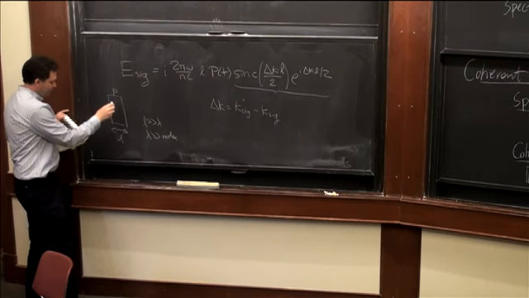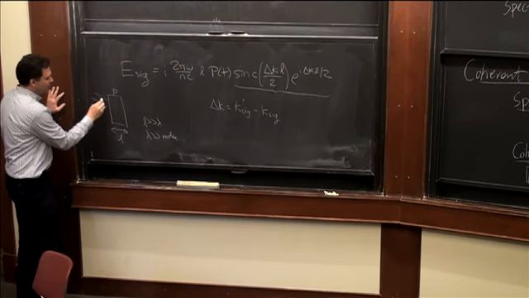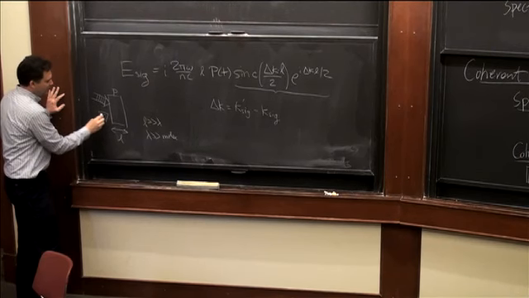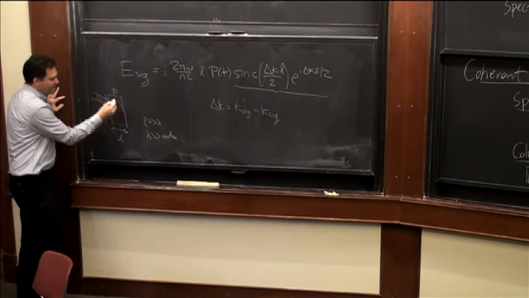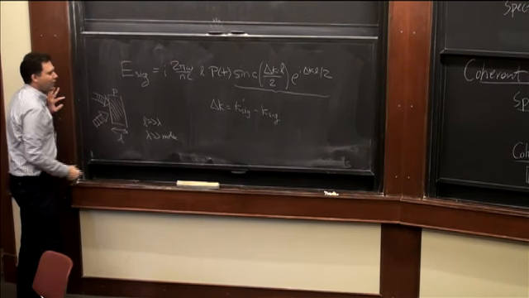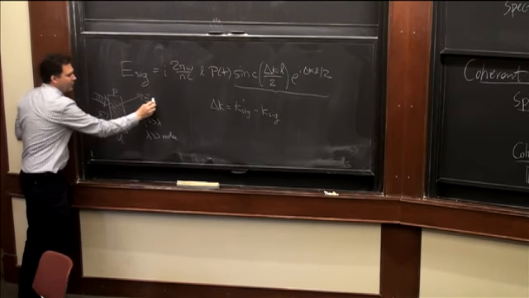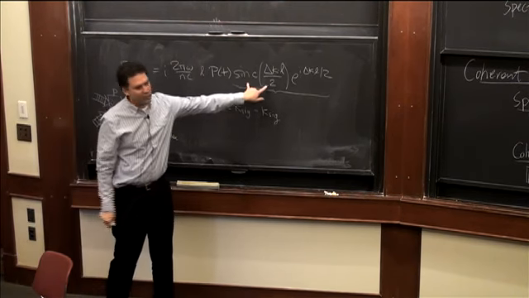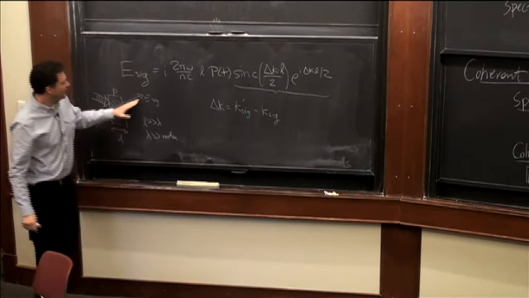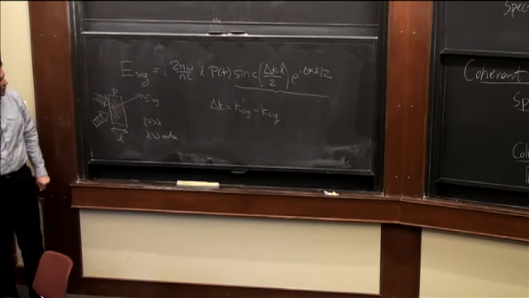I may have multiple incident fields that come into this sample with well-defined phase relationships. The net result will be that there is some net wave vector in the sample, and that is going to act as a source for a signal field whose direction will be sharply peaked, as given by this sinc function, in a direction given by the polarization wave vector.